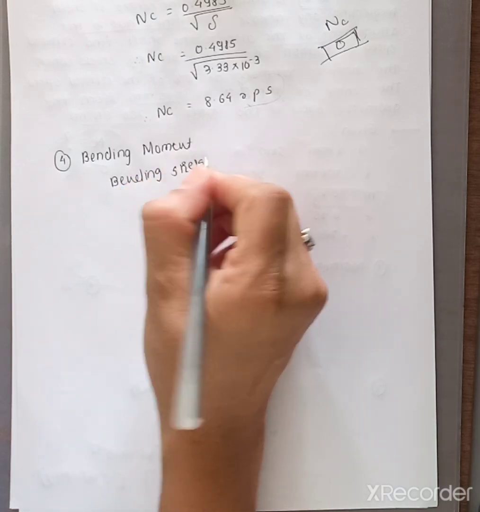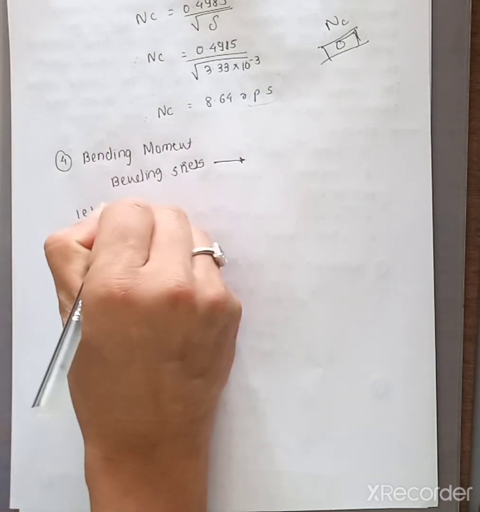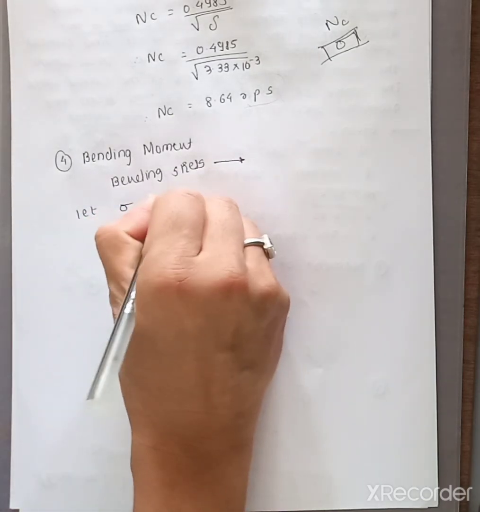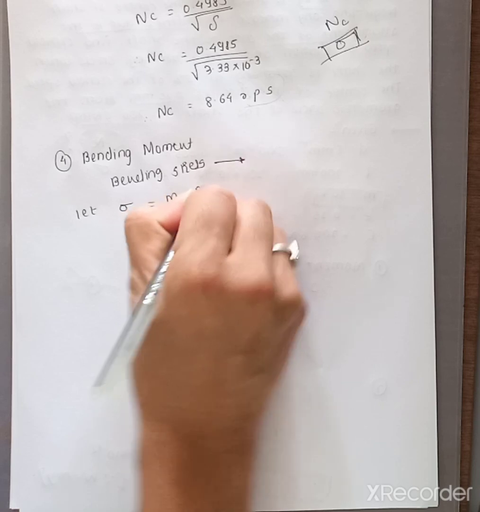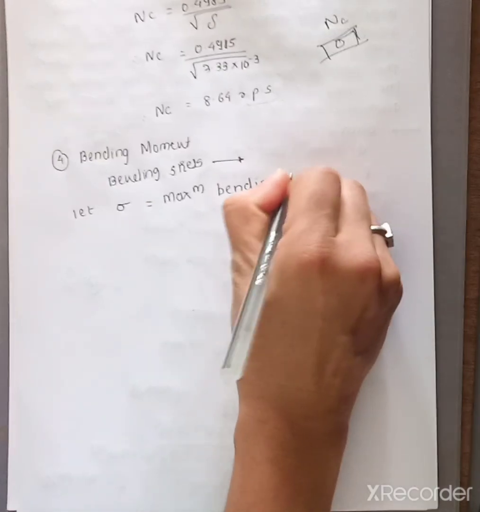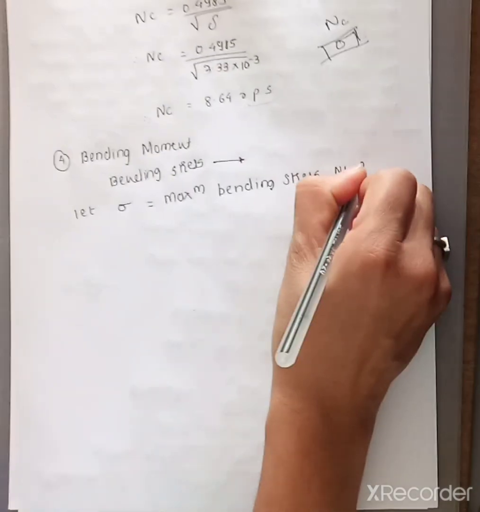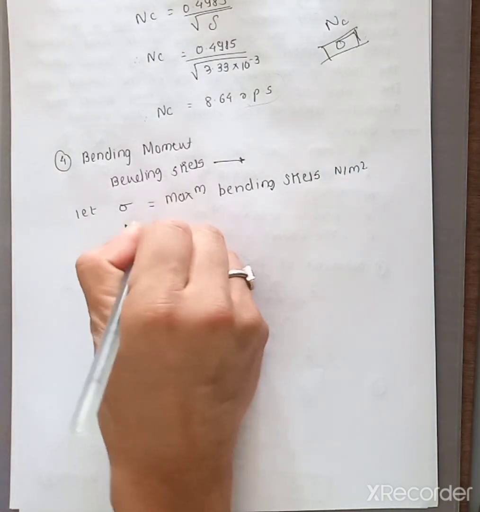Let us make the assumption that sigma is equal to the maximum bending stress. What is the unit for stress? Newton per meter square. And suppose n is the speed of the shaft.